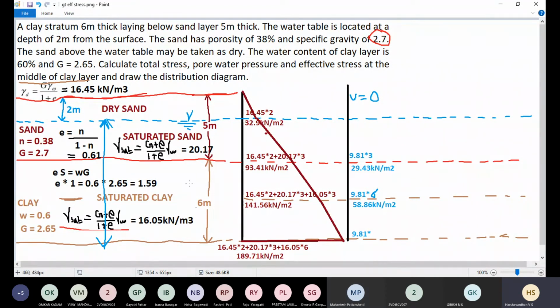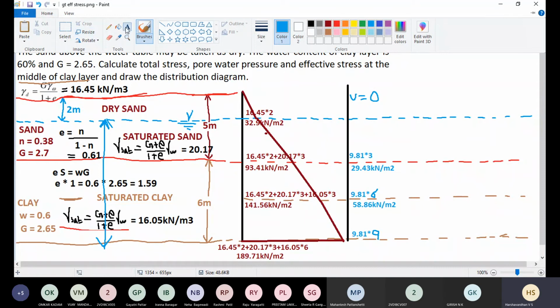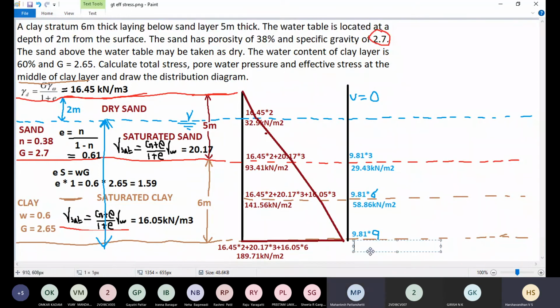The 6 meter clay and 3 meter sand. It is 9 meter. So into 9, what is the pore pressure at the bottom? 88.29 kilonewton per meter square.